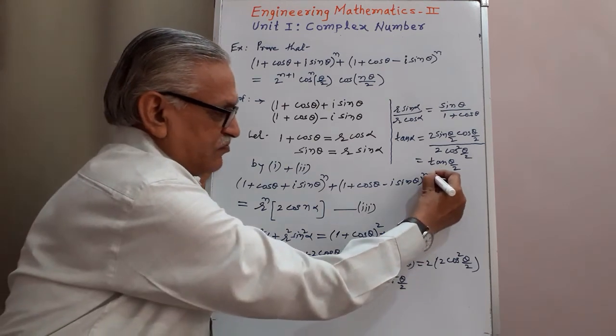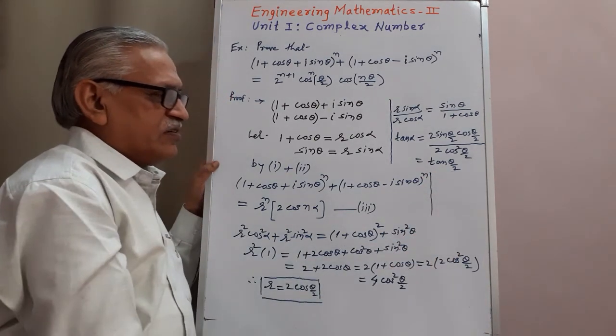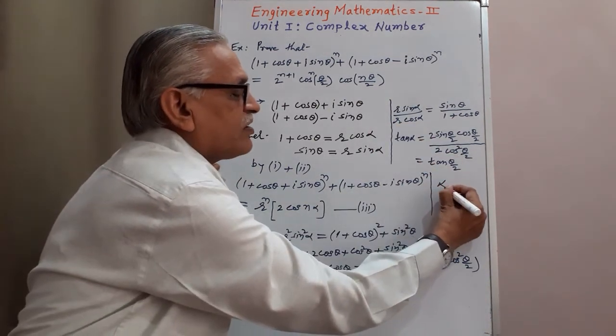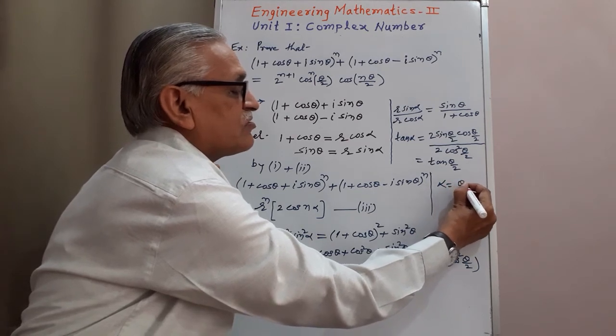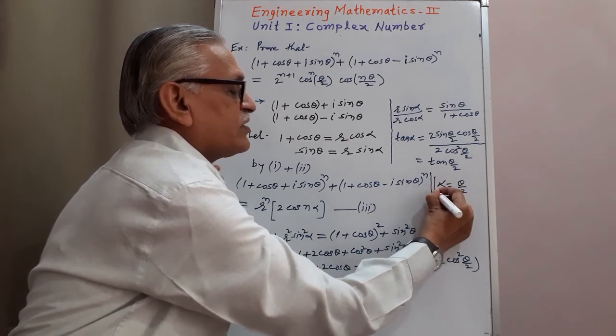Therefore tan cancels, and we get α = θ/2.